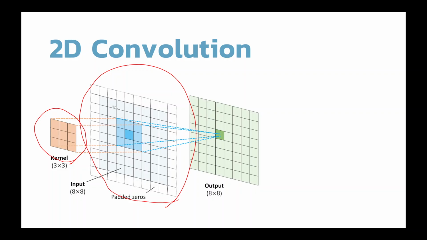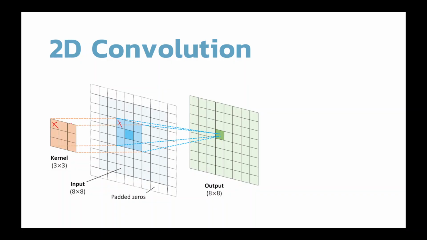When we do the convolution, the kernel scans through the image. Each scan is the multiplication of this and that, right? The positions of the multiplication between the kernel and the input image line up exactly like this.